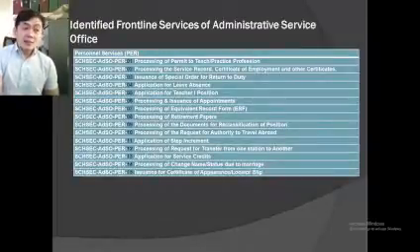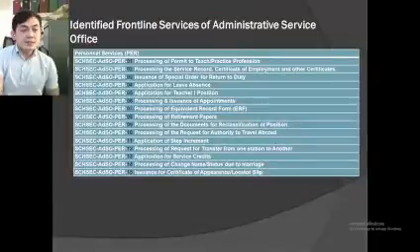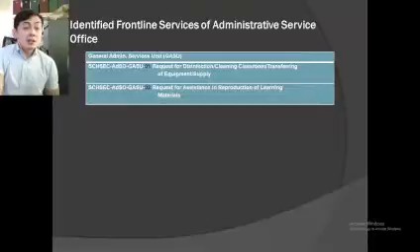And then I also identified the particular services in personnel. These are the list of services. I identified 15 services. Okay, I know it's 19. Sorry. Then in the GASU there were 2 identified services.